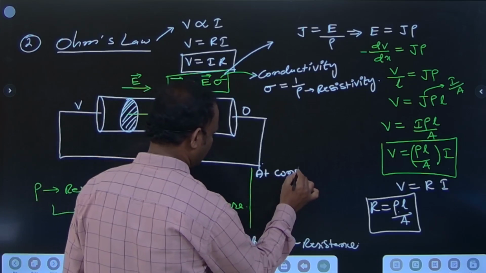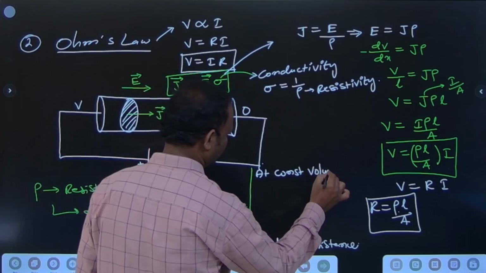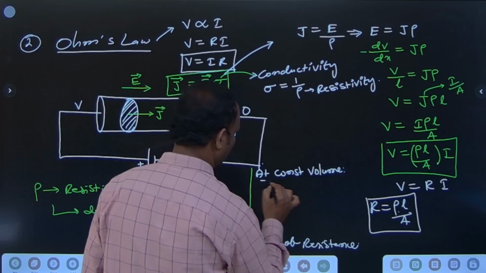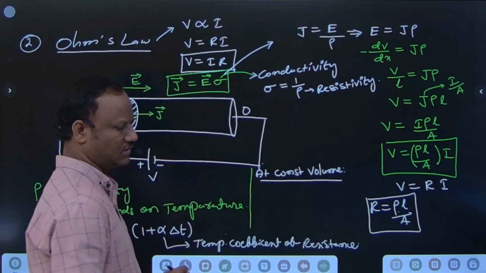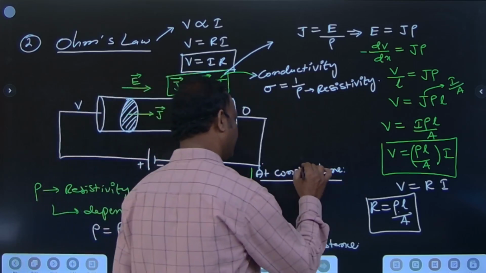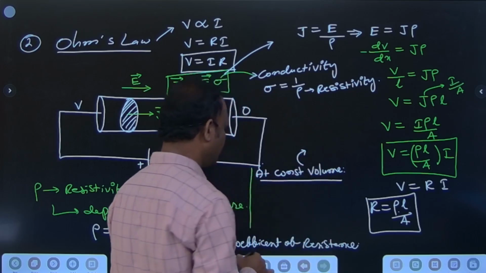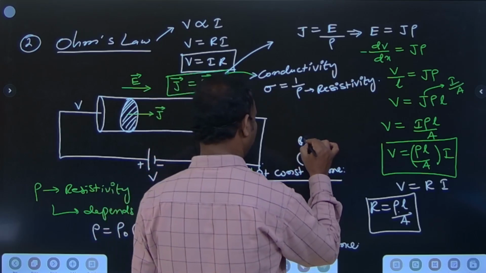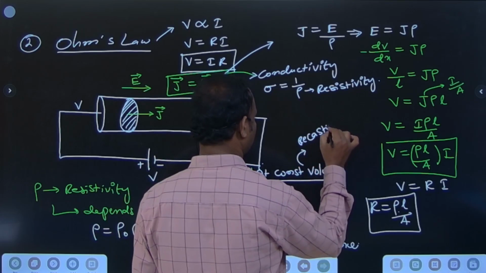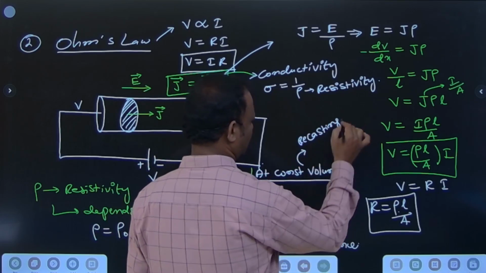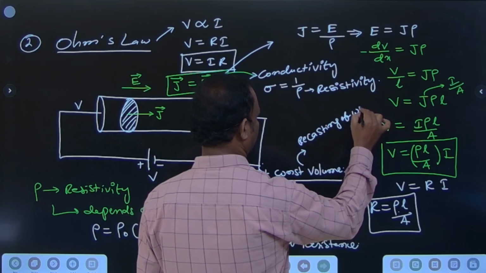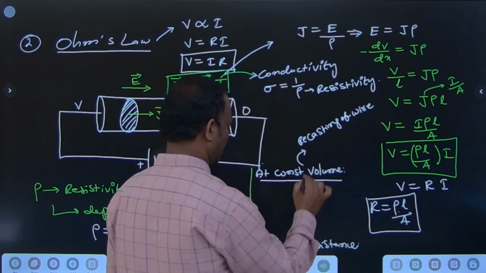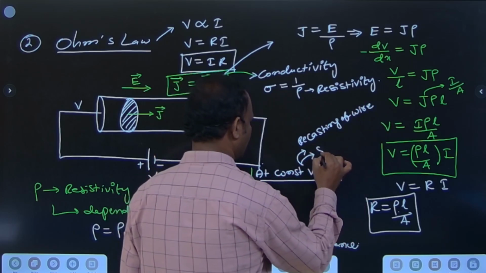at constant volume. Volume is constant. For the question, particularly from the NEET point of view, constant volume means recasting of wire, otherwise a stretched wire.